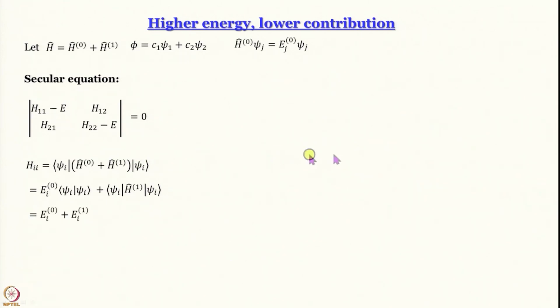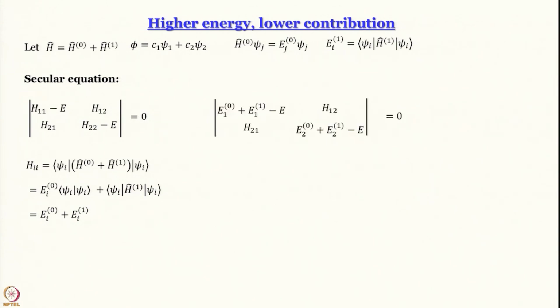The first term of course is Ei 0th, the uncorrected energy. The second term, as we have learned in our perturbation theoretical treatment, is the first order correction to energy. So, we get Ei 0th plus the first order correction to energy. So, that is what we use and this is what we get.